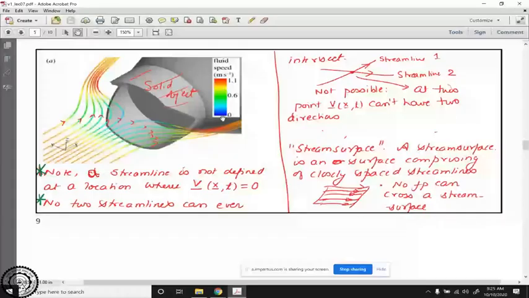See here, there is a legend: blue starts from 0 and red is the maximum, 1.1, with colors in between. So you get a more quantitative picture of the velocity vector itself: the direction you had from streamlines, and now you are also getting magnitude information. These are colored streamlines.